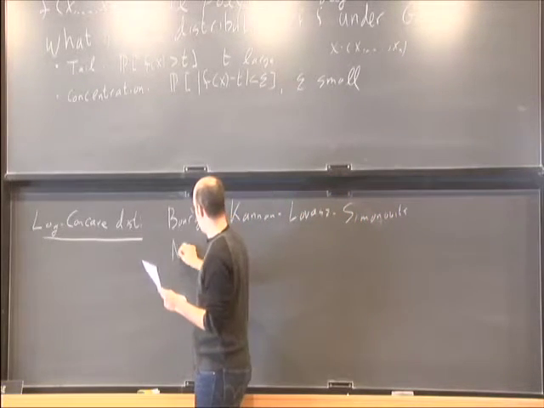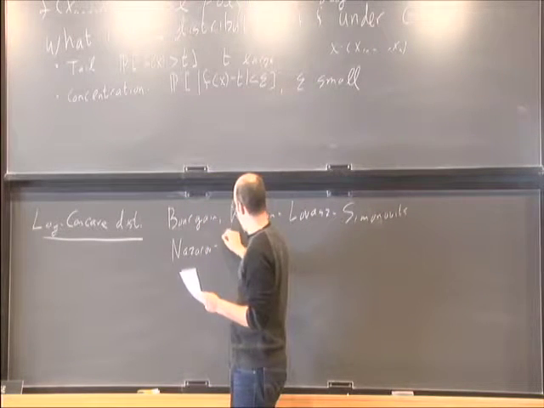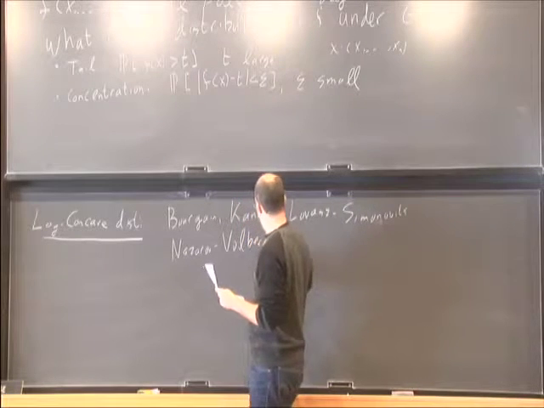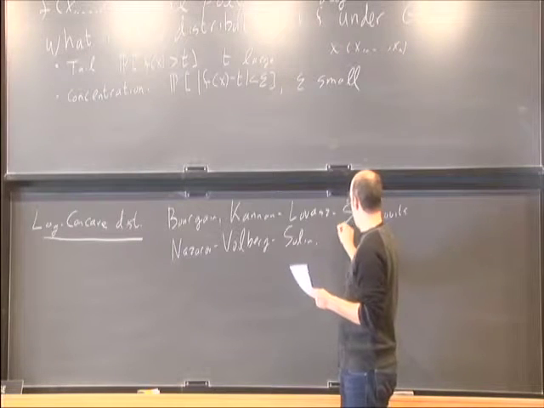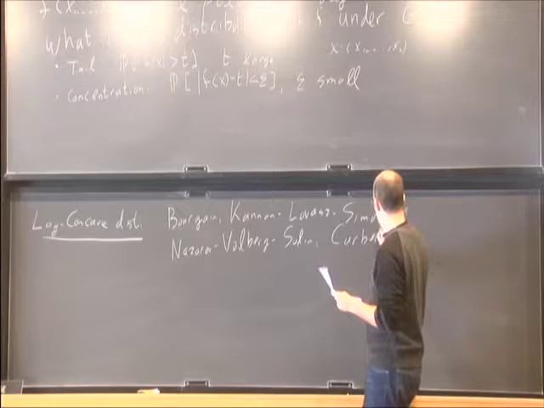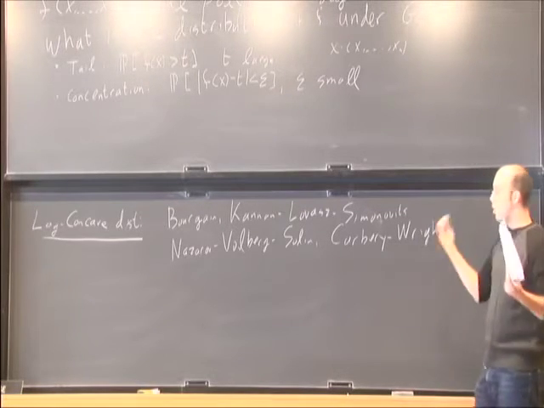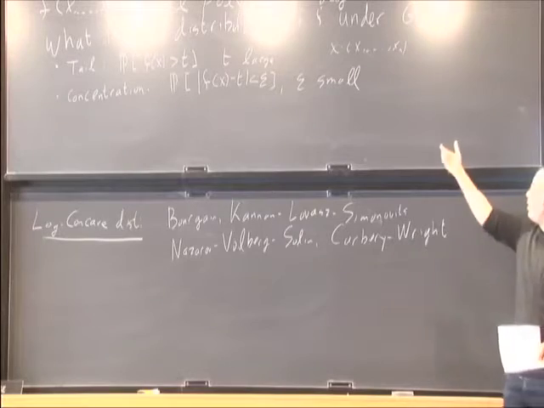Similar ideas were then used by Nazarov, Volberg, and Sodin, and also by Carbery and Wright. All of those authors study log-concave distributions in general and give very good bounds on such questions.